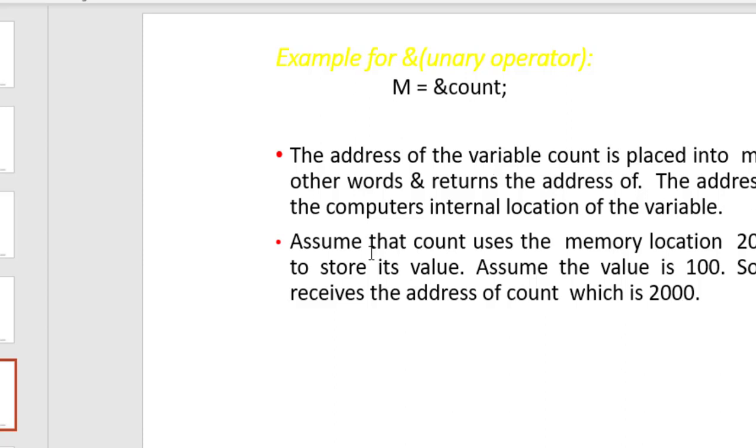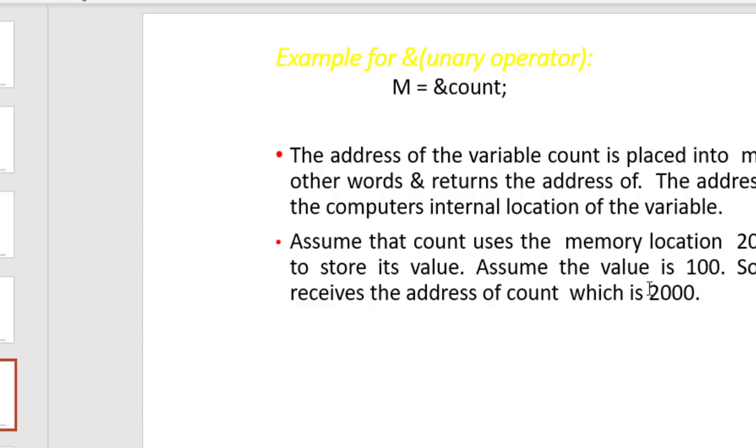Now assume that the variable count uses the memory location 2000, and to store its value, assume the value is 100. So m received the address of count, which is 2000.